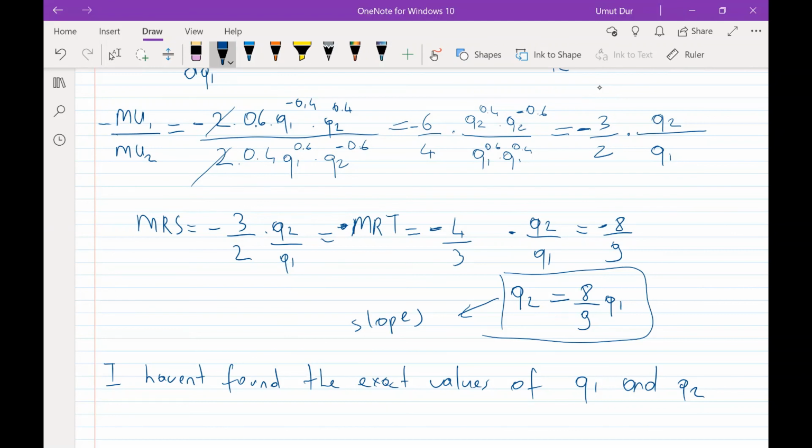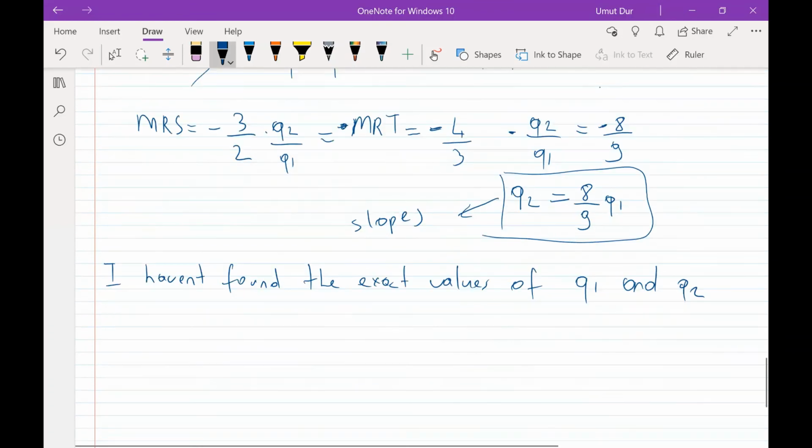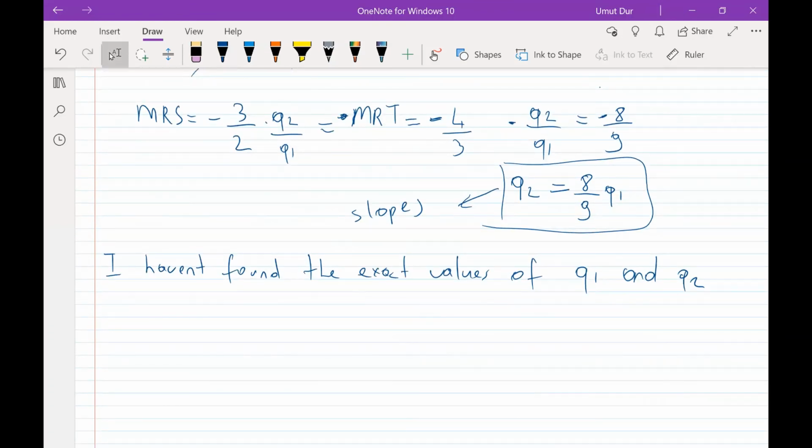How can I find the exact values of Q2 and Q1 here? Do I have any other equation that I can use? The answer is yes. We can use the budget constraint.